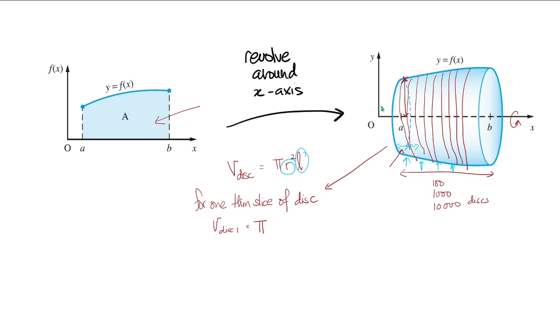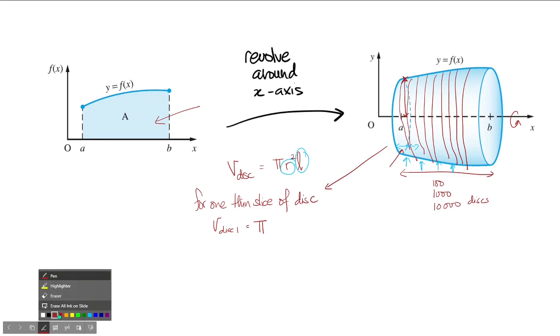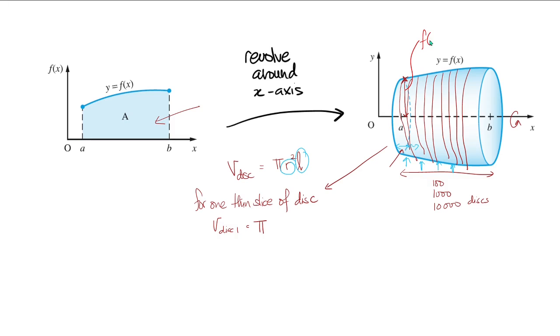So what is the distance? Basically that distance is f of x at that point. Let's say this is x asterisk, so the value here is f of x asterisk.